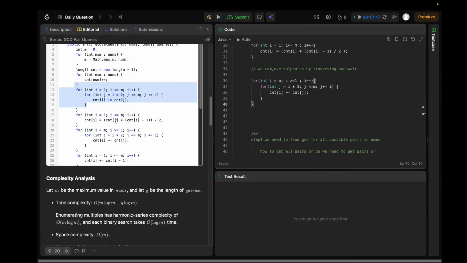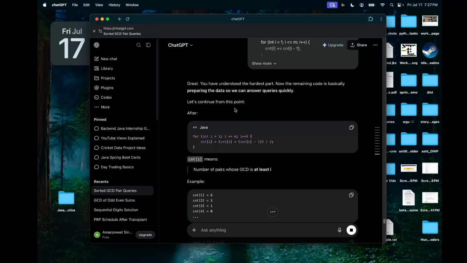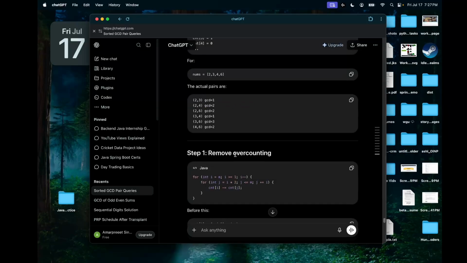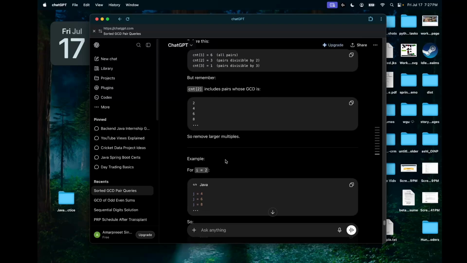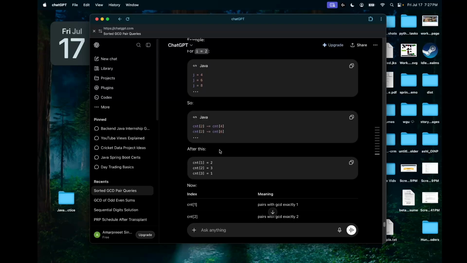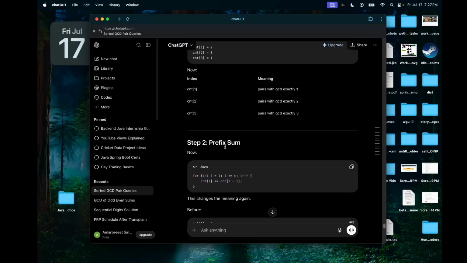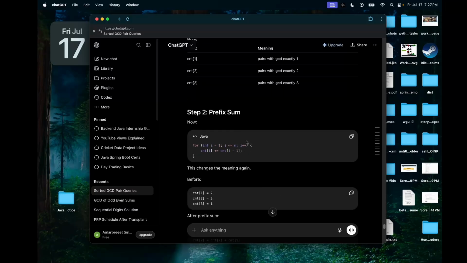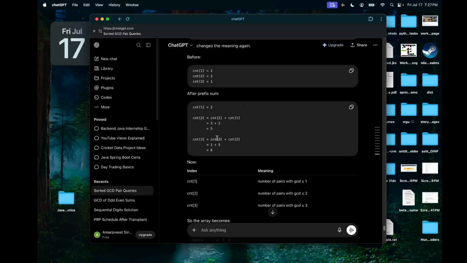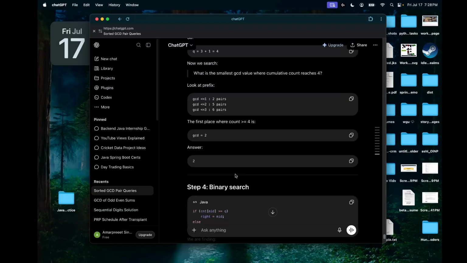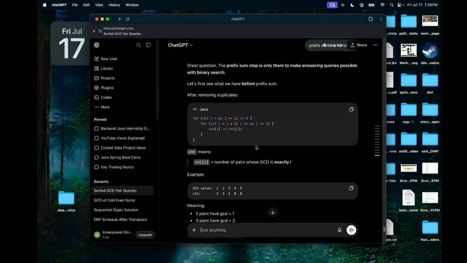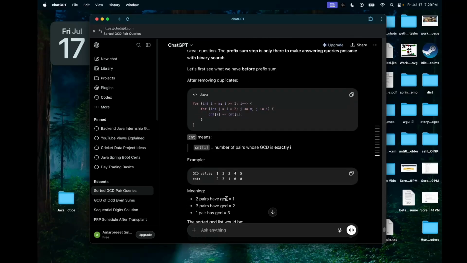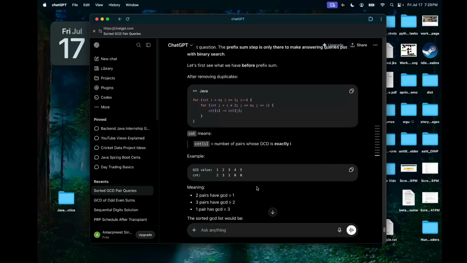We loop again, and now count changes meaning. Before, the prefix sum index meant the number of pairs with that prefix sum. After removing the duplicates, count means the number of pairs that are exactly that value, for example 2 pairs or 3 pairs.